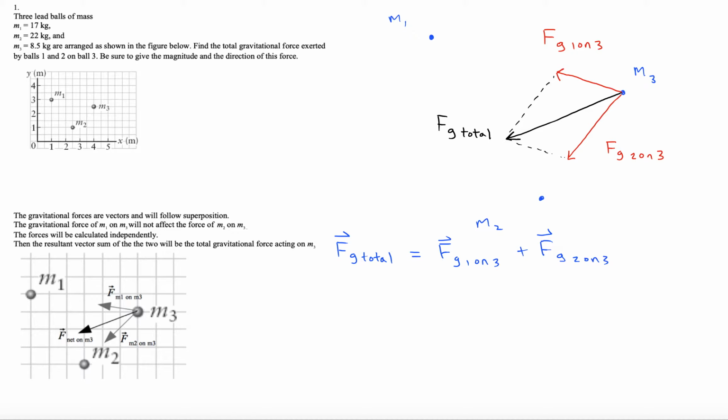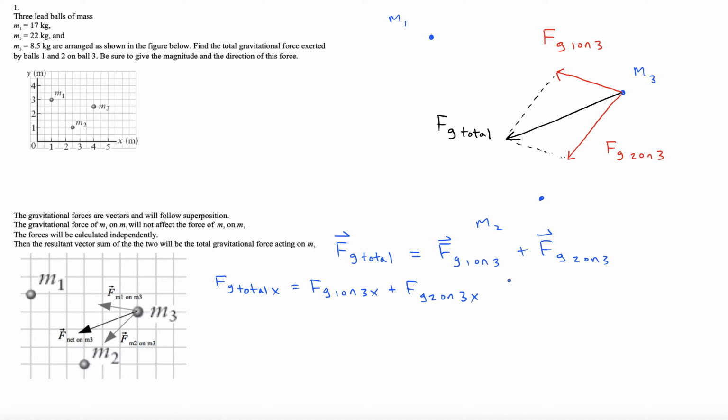I'm going to choose to break it up into two separate equations, where I find the Fg total in the x direction by adding Fg1 on 3x plus Fg2 on 3x.